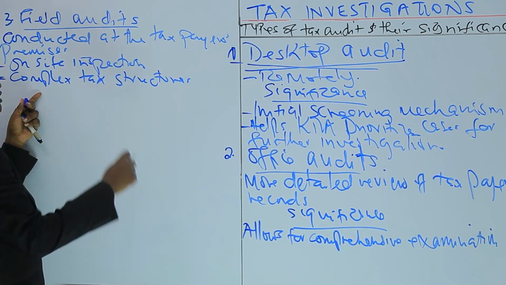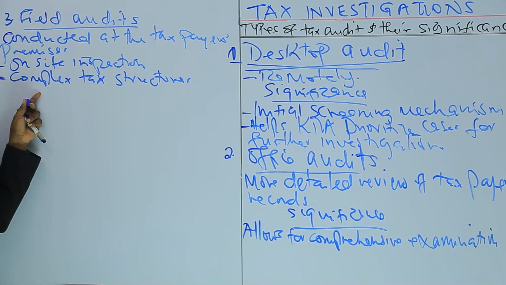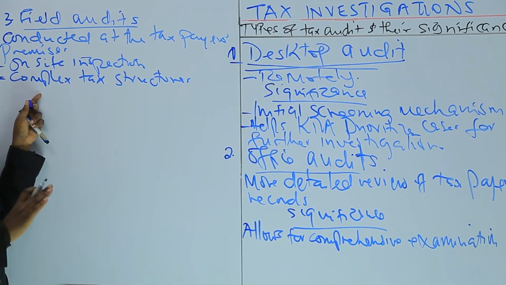This is where the Revenue Authority would also want to understand the operations of the business in order to determine if the taxpayer is complying with tax laws or regulations or not, or where KRA suspects significant tax non-compliance.